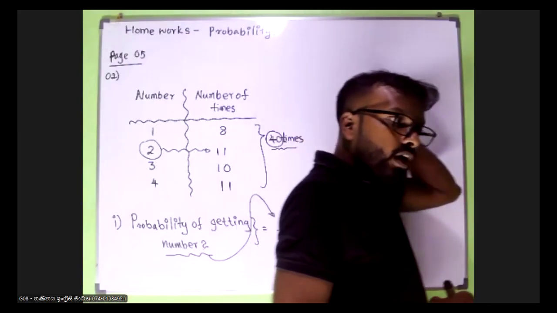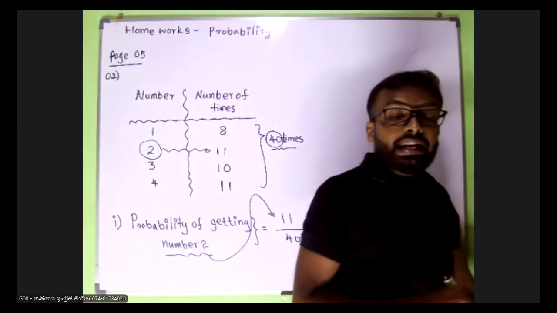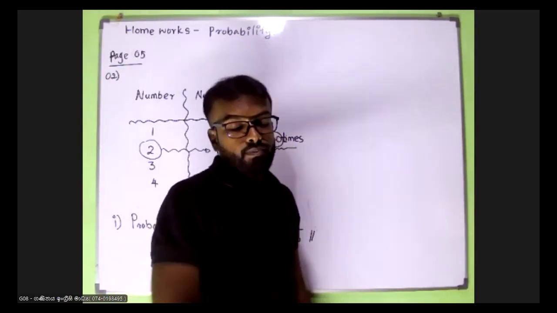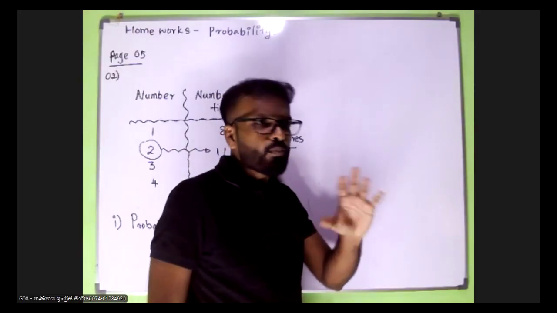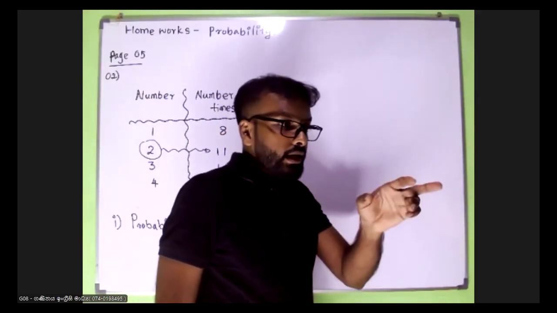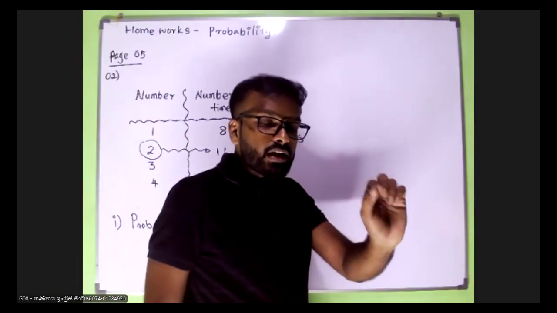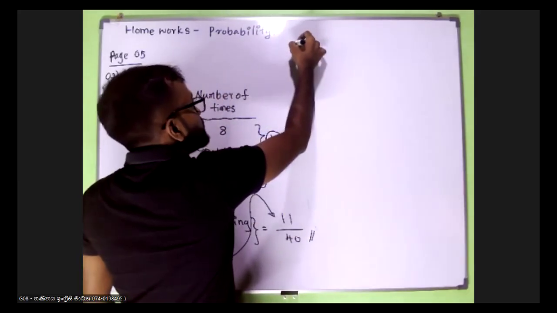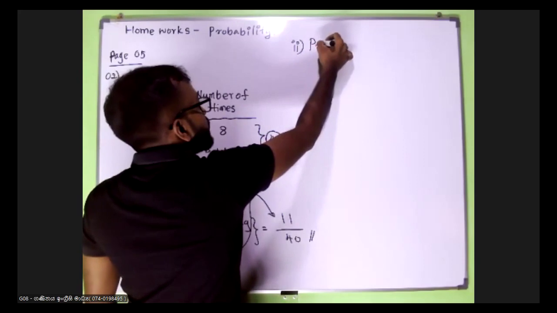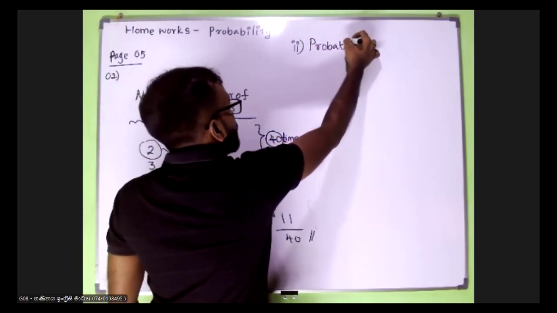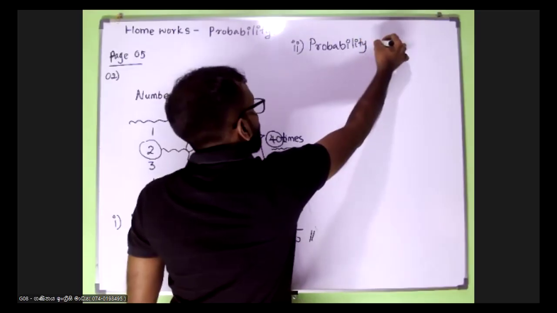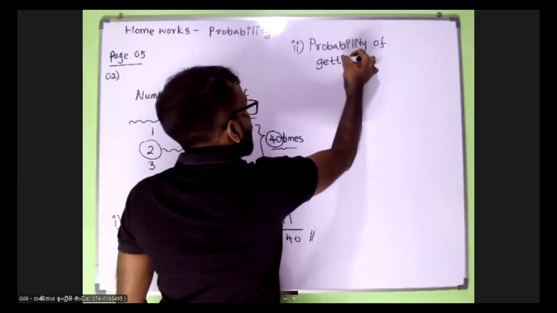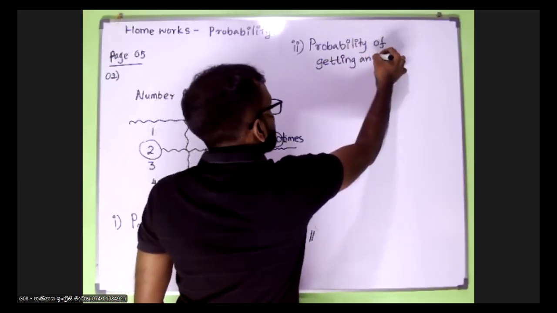Then the second one. Find the experimental probability of getting an even number. In that case, most of you have got it wrong. Few of you have provided the answer correctly. They are asking for the even numbers. So I will write the second question: probability of getting an even number.